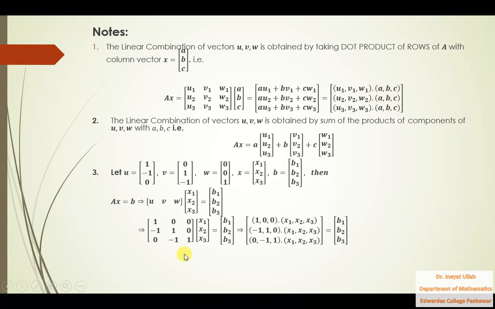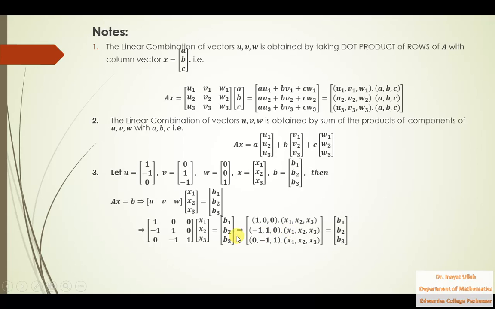Now the main thing here to understand is how we multiply these two. We can multiply these two by taking the dot product of rows with the column vector. So the first one is the dot product of the first row (1, 0, 0) with the column vector (x1, x2, x3).